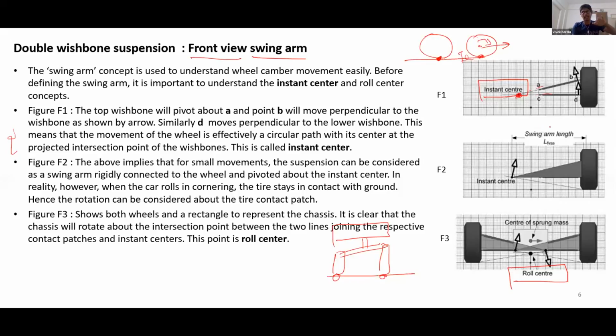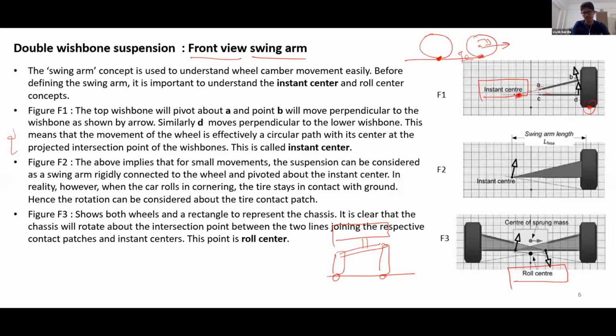The chassis is rolling about the tire contact patch. The tire contact patch can be said to be at one point, and about the wheel track and the tire contact patch, your chassis is rolling.